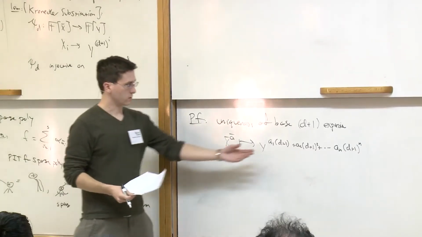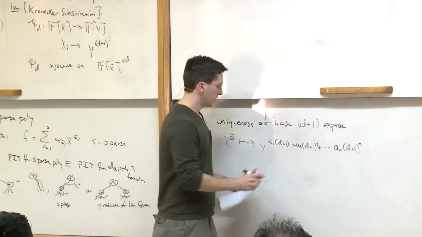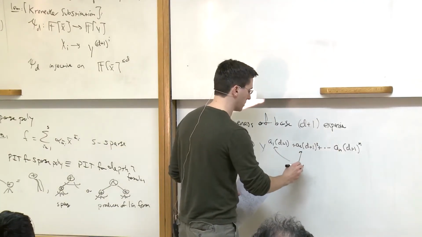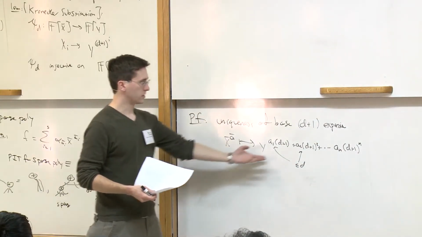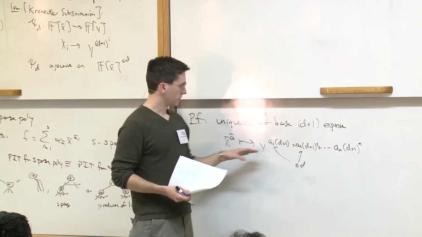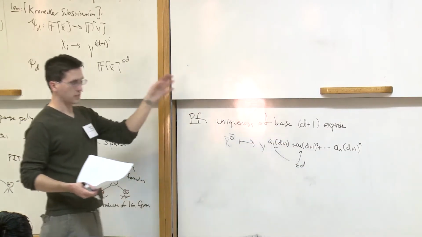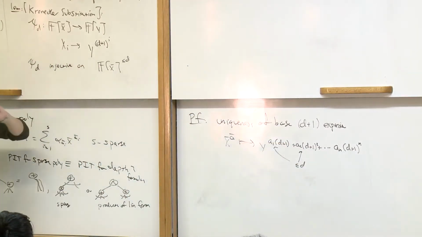So this is some number. Each of these a_i are at most d, because I'm assuming that this is a low degree monomial, and this is unique on monomials, and then you can pass to uniqueness on polynomials in the entire ring.